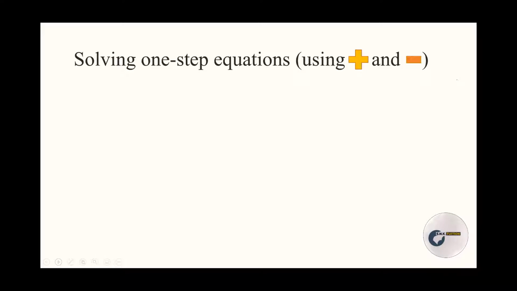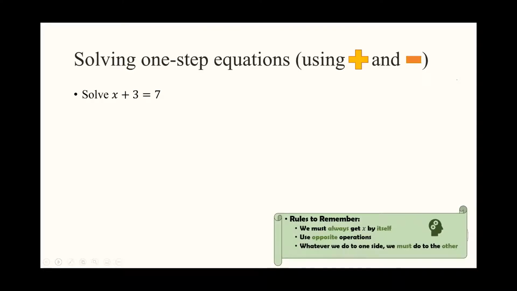So this question says, solve x plus 3 equals 7. And if we think back to our rules, we must always get x by itself. So immediately we're thinking, how can I get x by itself? Well, luckily, if we look at our second rule, you use opposite operations to get x by itself.